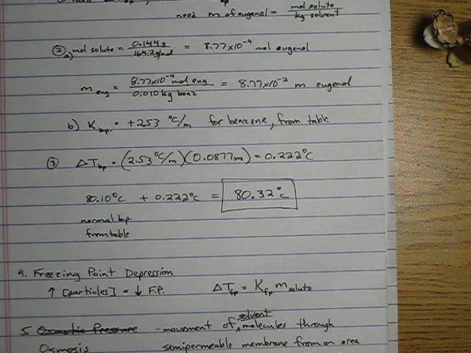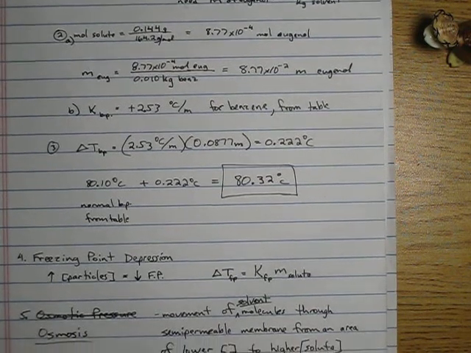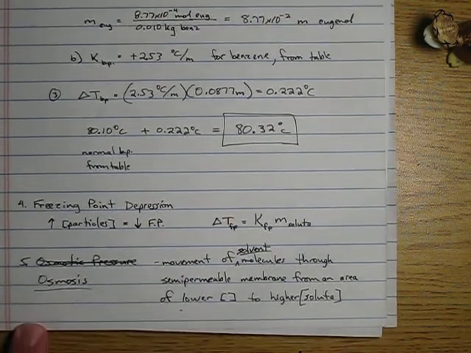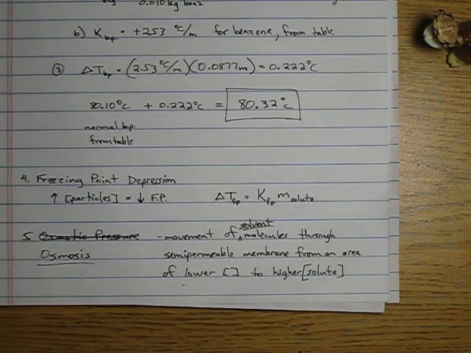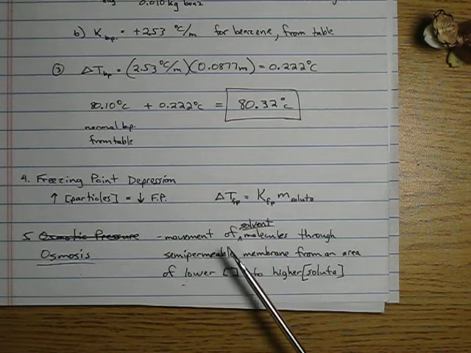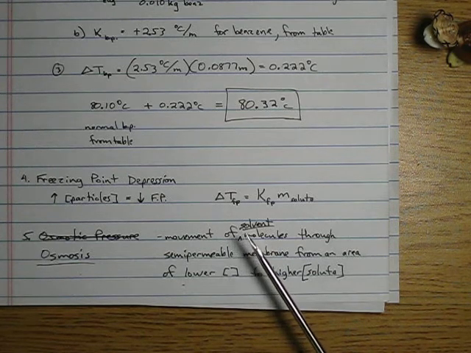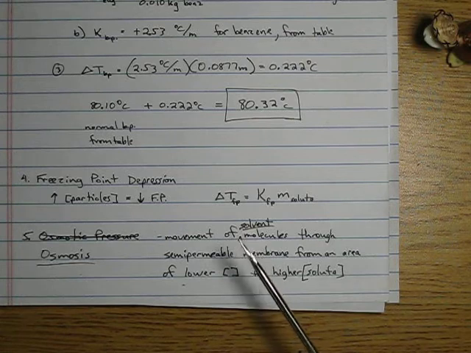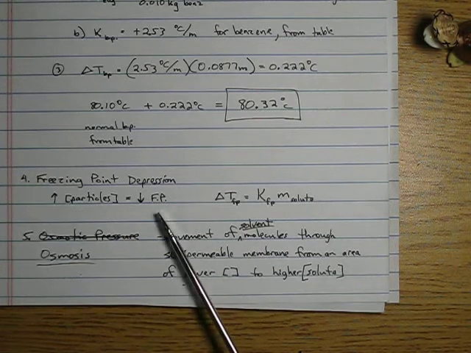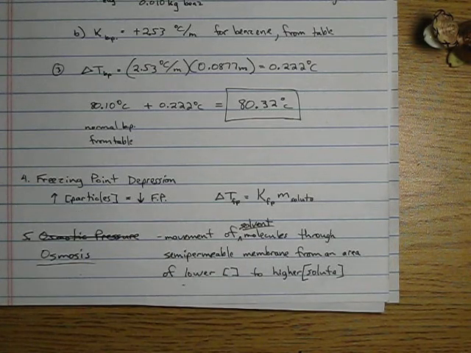All right. We'll cover this next one quickly because it's pretty much the same. Another colligative property is freezing point depression. Just as increasing the number of solute particles increases the boiling point, increasing the number of solute particles decreases the freezing point. A solution will freeze at a lower temperature than the pure solvent.